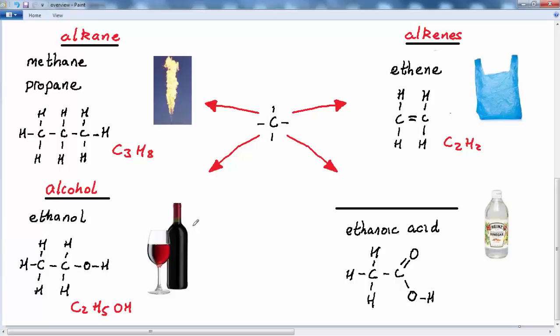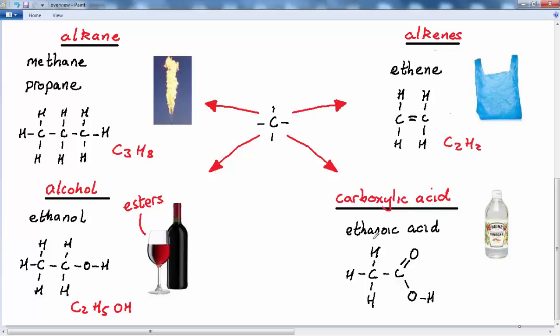I won't write out the structure formula for those, but esters are also present in wine. Those are the things that make the wine smell nice.